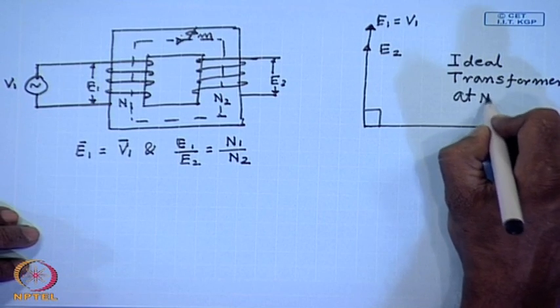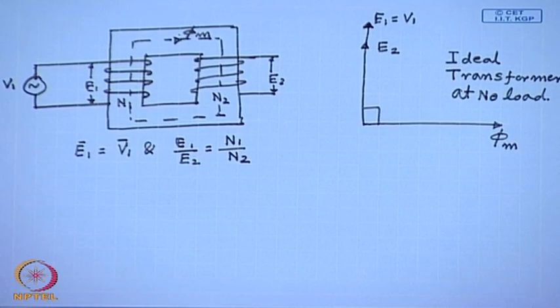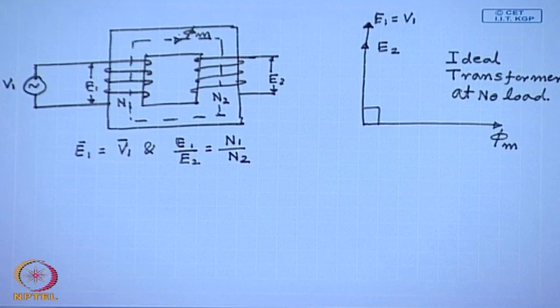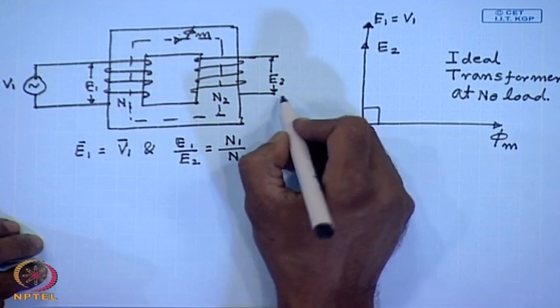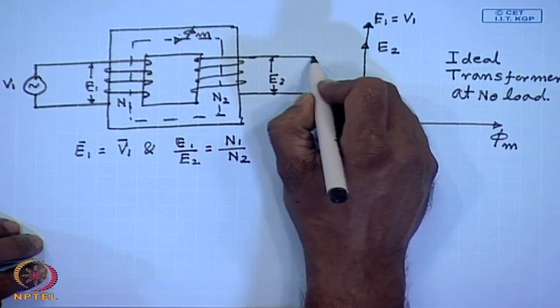No load, since no load has been connected on the secondary side. Now, suppose I connect a load of impedance ZL on the secondary side.